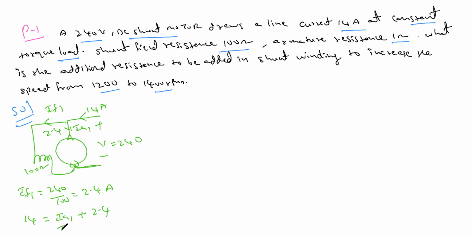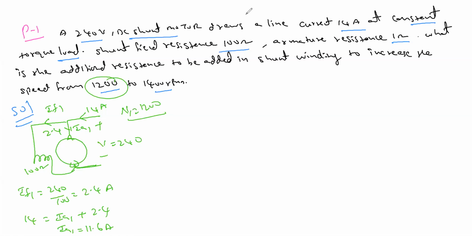So IA1 will be 11.6 amp. Now इधर speed कितना है, N1, इसका speed 1200 है, दिया है starting case में.